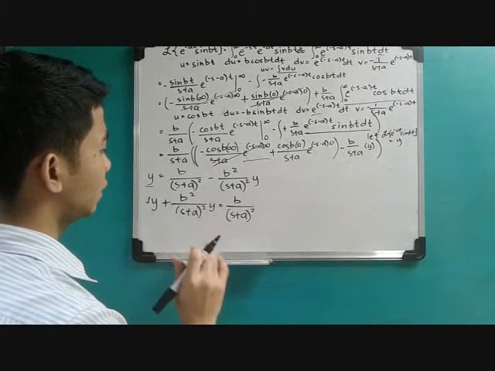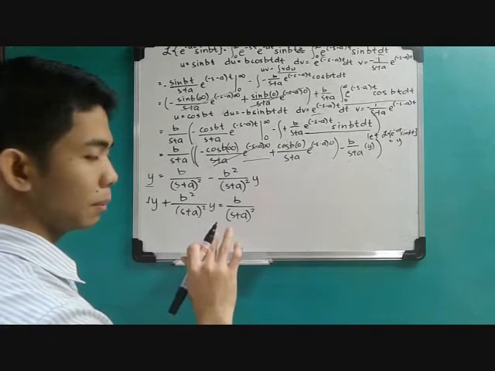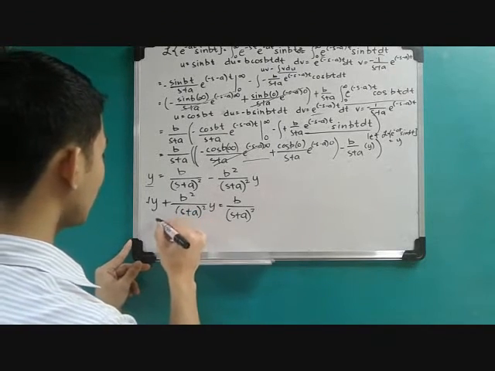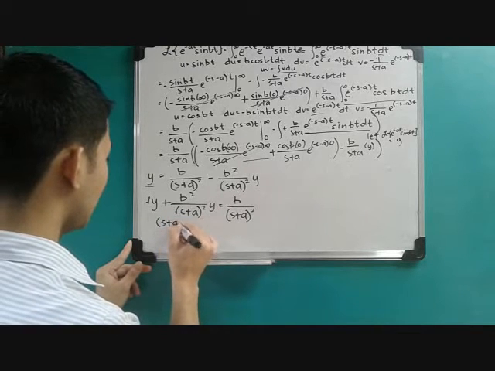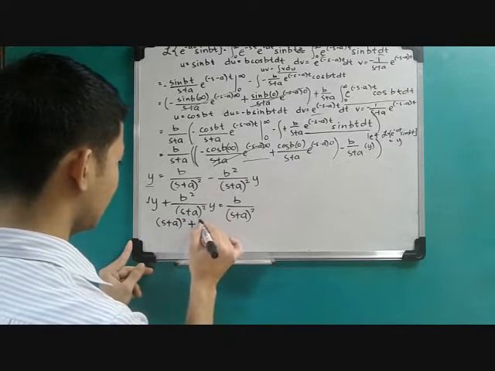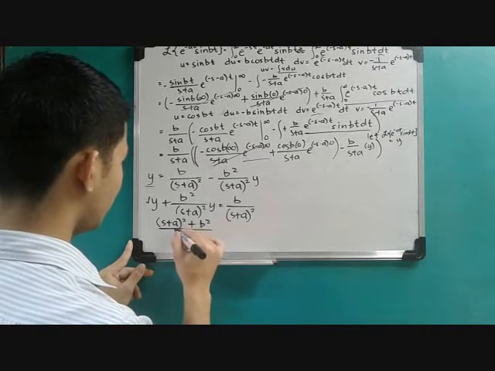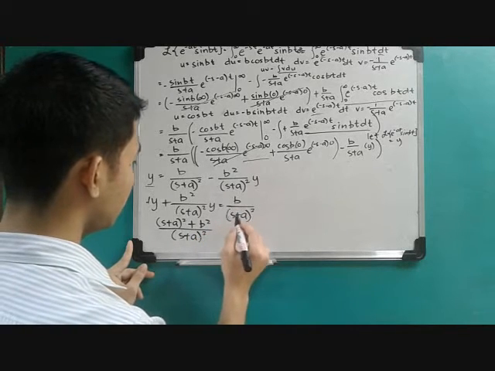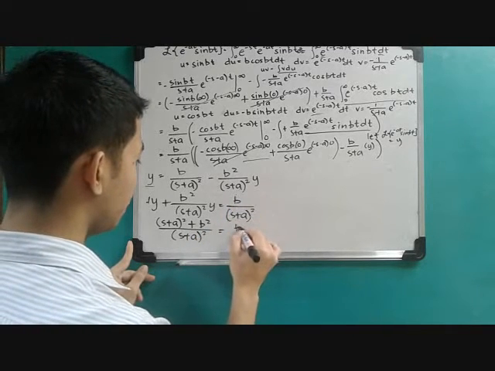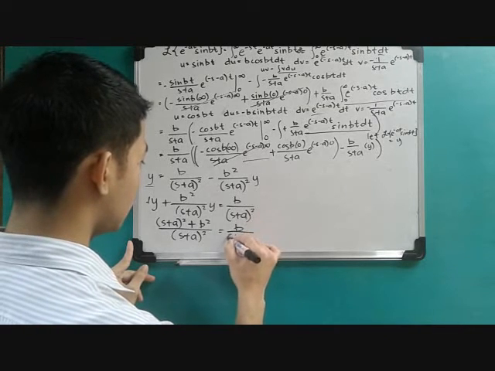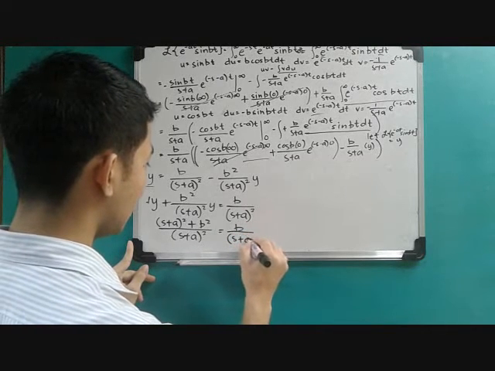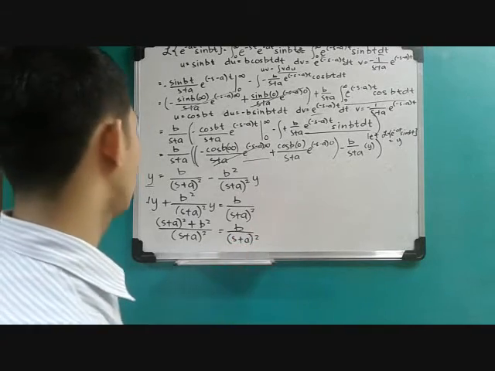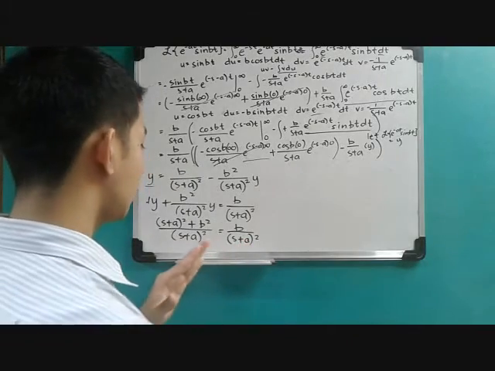So 1 plus b squared over quantity s plus a raised to 2. So this will become s plus a squared plus b squared over quantity s plus a raised to 2 is equal to b over s plus a raised to 2.